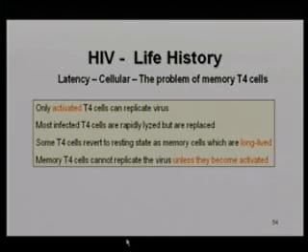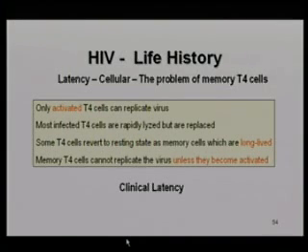So it only grows and replicates in activated T4 cells. Most of the infected T4 cells seem to die off, but they're replaced. Some revert to the memory state, and those are long-lived, and they don't replicate unless they become reactivated again. And you have this phenomenon also of clinical latency, which is simply that your patient gets infected and then 10 years later exhibits disease.